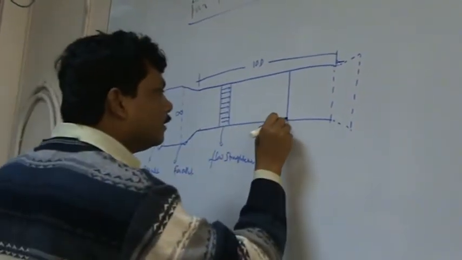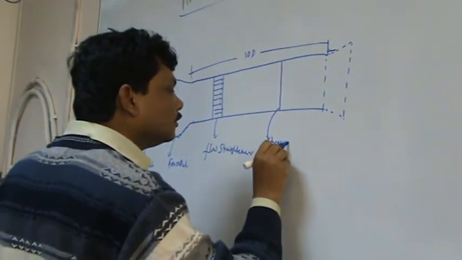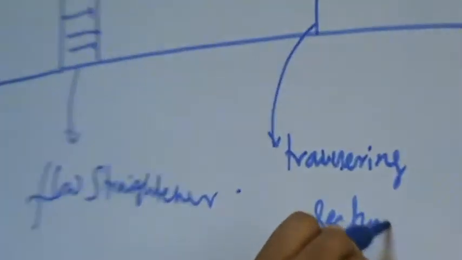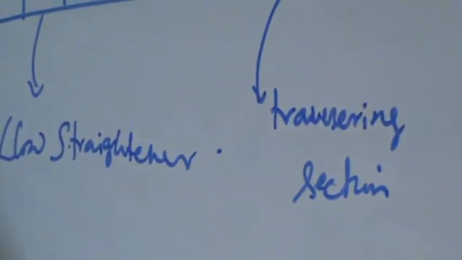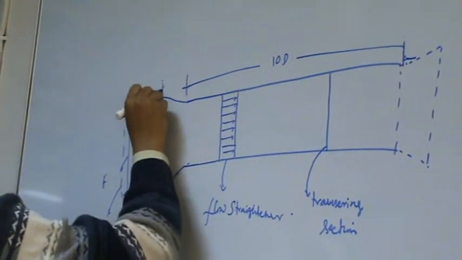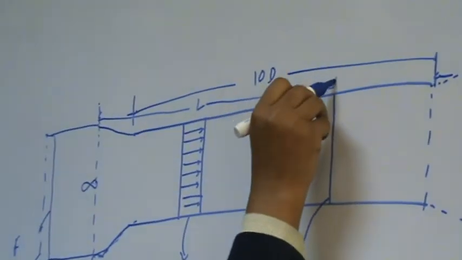This is the traversing section. Let's say the length from the fan outlet to the traversing section is L.